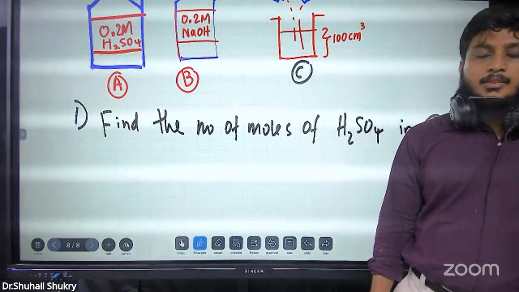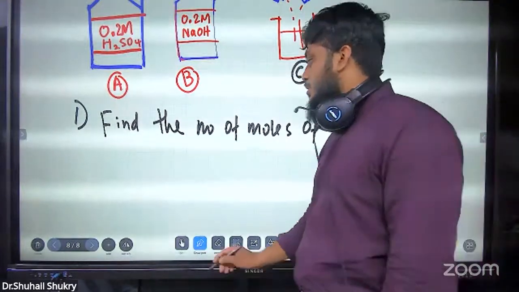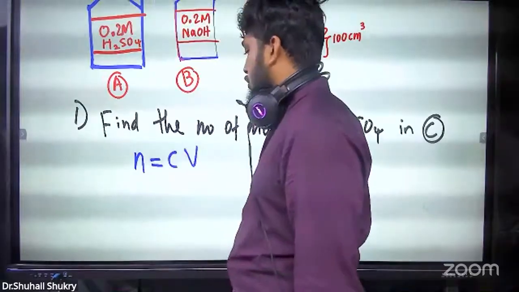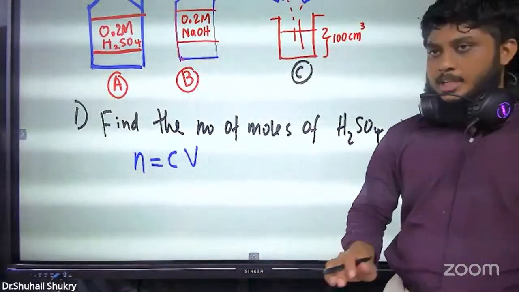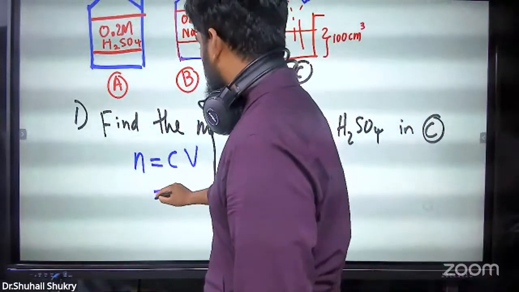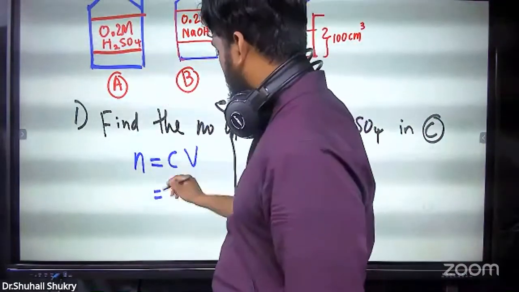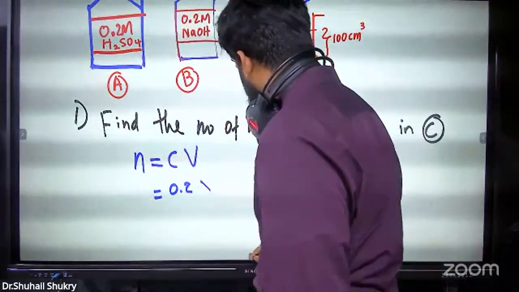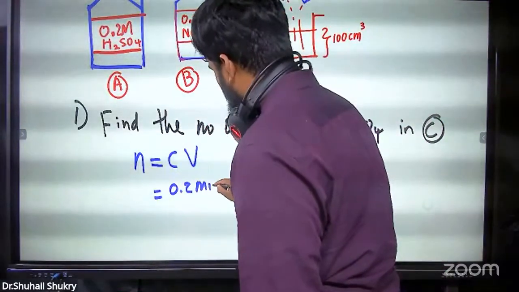For concentration, what should I use? They are asking about H2SO4, concentration 0.2, and you can write the unit 0.2 mol dm⁻³.